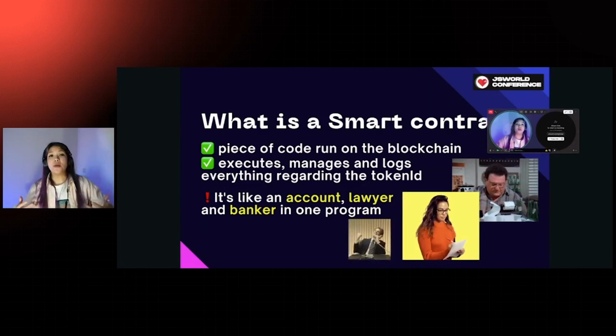So for example, a smart contract of an NFT could be this. Let's say I created that frog guy. I'm the artist. Okay, I'm Atsuki. And in that smart contract, it says every time this NFT is being sold to another person, then the creator gets 2% of that transaction.